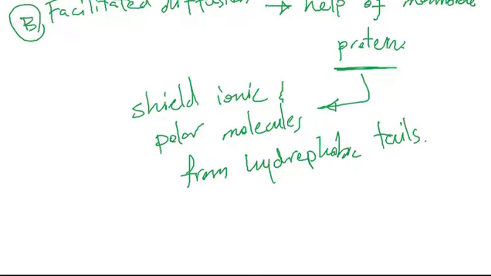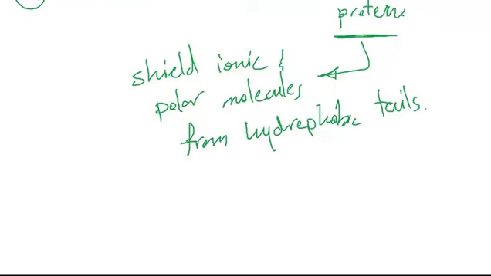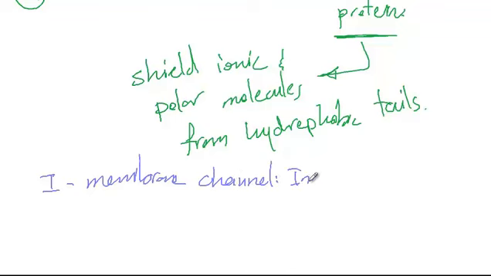Now the proteins that we can have as transporters could be of two different types. The first type is a membrane channel, which is an integral protein with a hydrophilic channel through its core that provides a hydrated opening through the lipid bilayer.